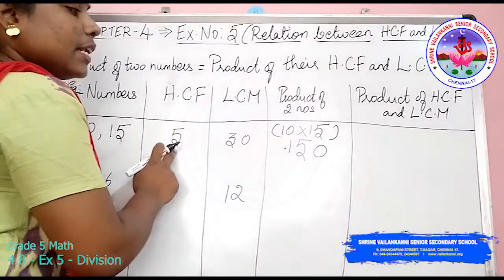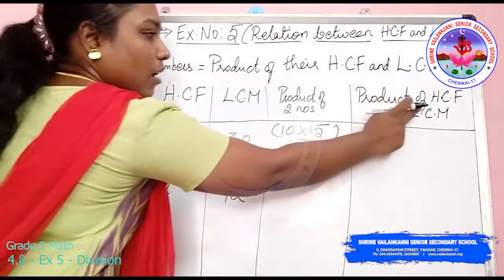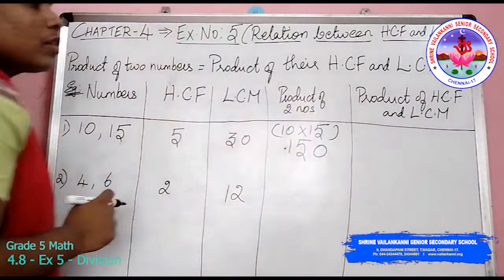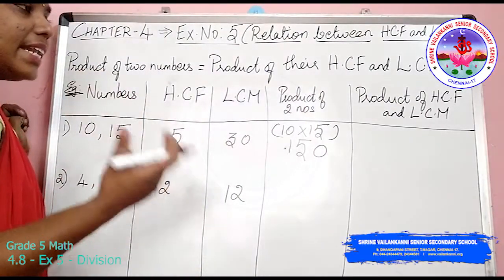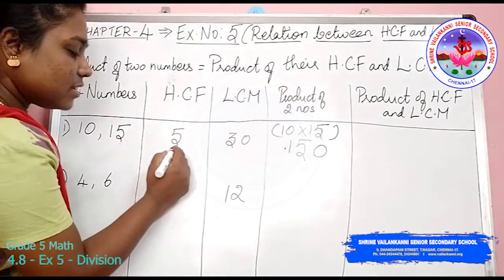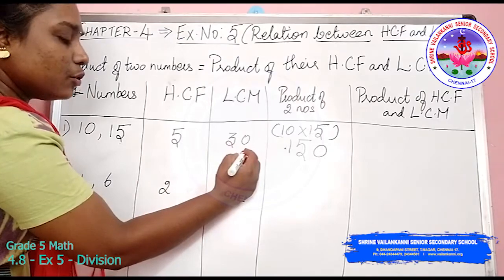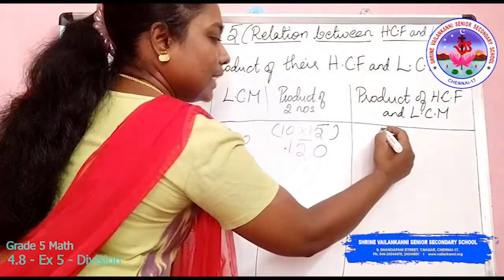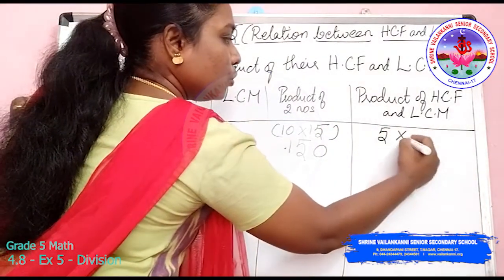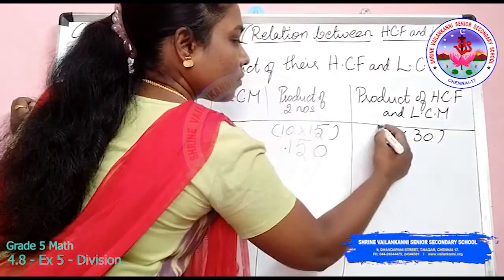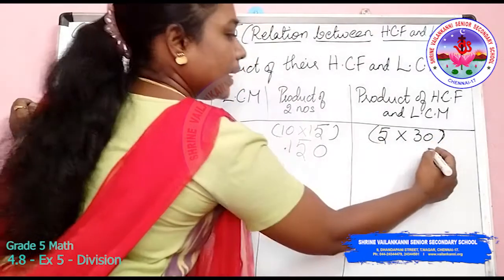Next, the product of HCF and LCM. You have the HCF value and LCM value, and we are going to multiply them. 5 into 30. If you multiply, what will you get?